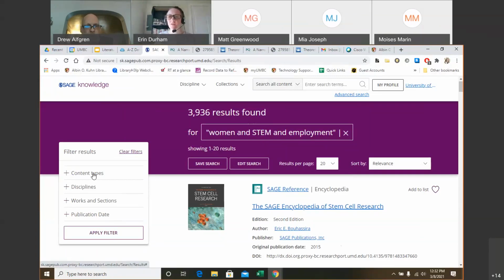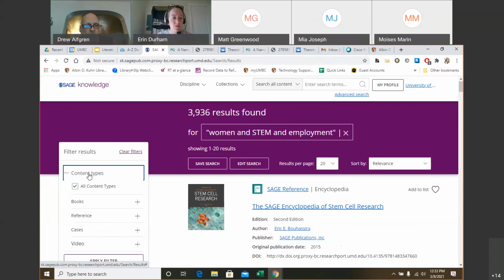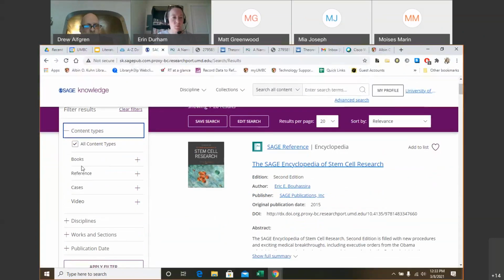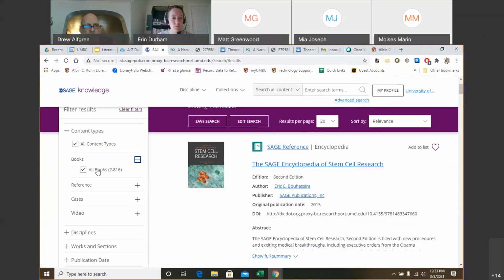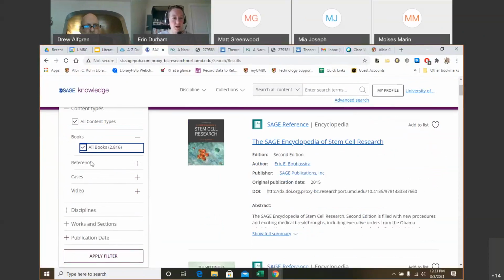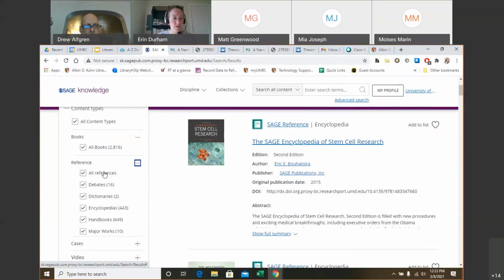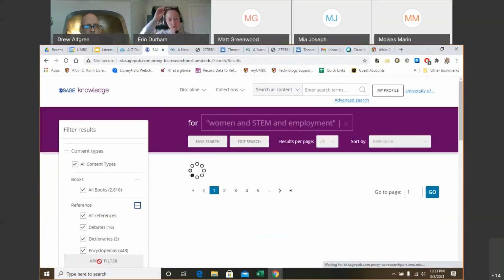If you're doing a policy paper on women in employment, you can also just see what books are written about this topic. Just open that and search books, and then apply that filter. You can also include reference material, all reference. This will be encyclopedias and handbooks, etc. And then just click apply filter, and that will narrow the search.